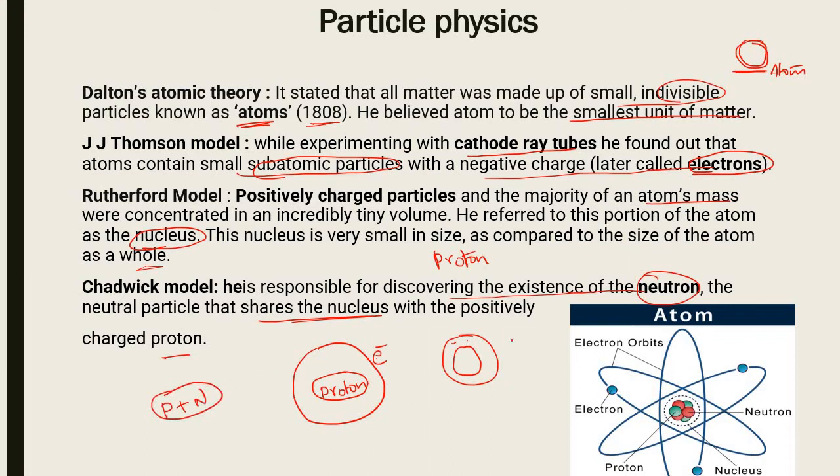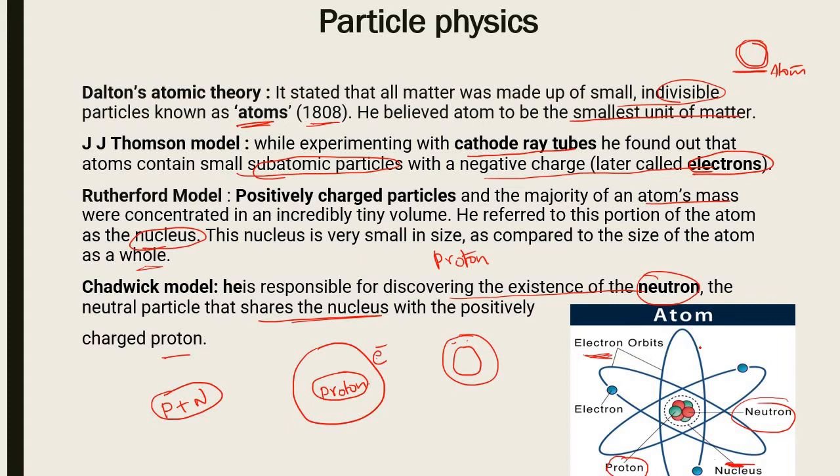So overall, if we see an atom today, there will be a nucleus. Inside that nucleus we have neutrons and protons, and this nucleus is surrounded by electrons, meaning the electron is orbiting this nucleus.